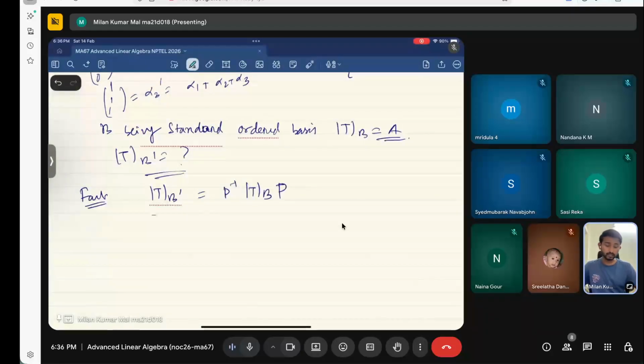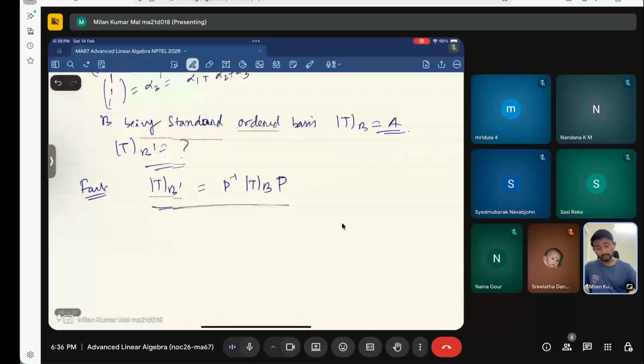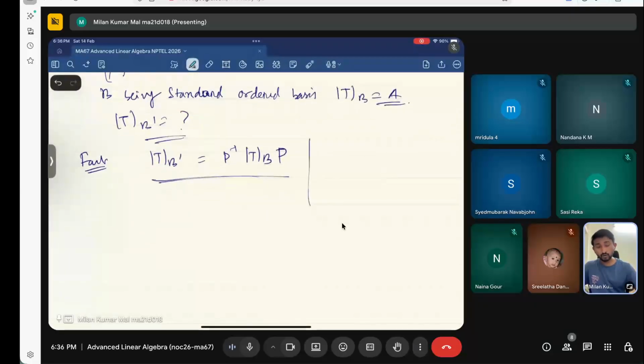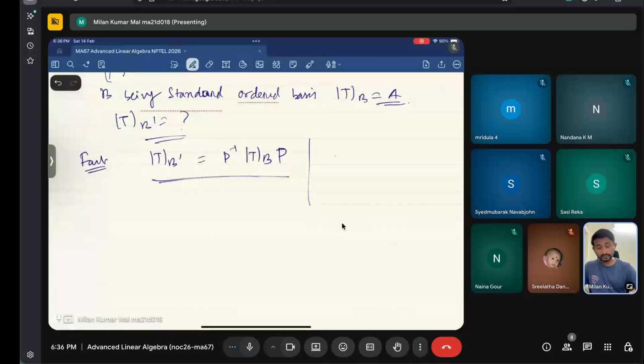How this works is very easy to check. Suppose you want to get the matrix representation of T with respect to the new ordered basis beta dash. So what is the matrix representation of a linear operator?